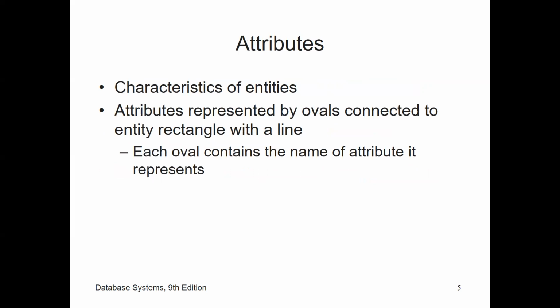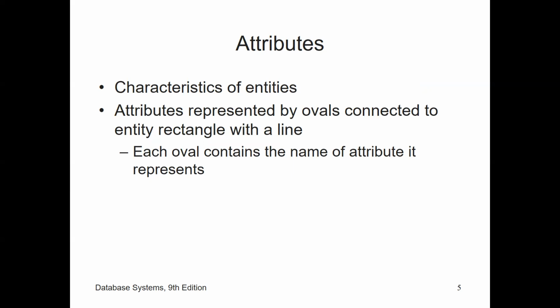Attributes, the characteristics of entities. Attributes are represented by ovals connected to the entity rectangle with a line. Each oval contains the name of the attribute it represents. Attributes are, in general, characteristics of entities. For example, the student entity may include student last name, student first name, and student initial.